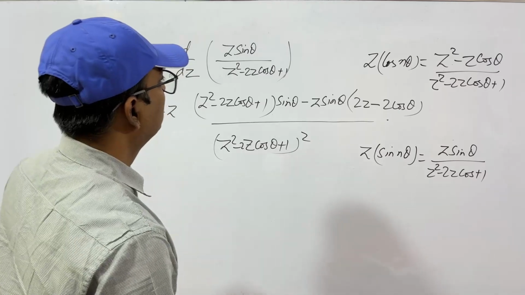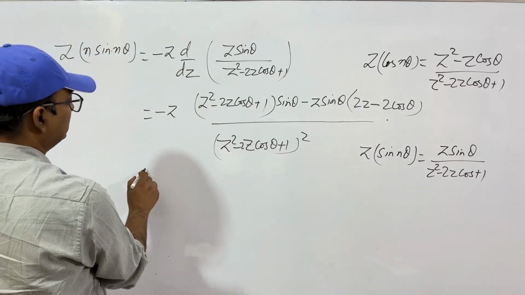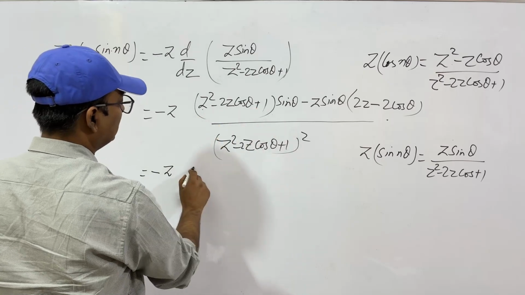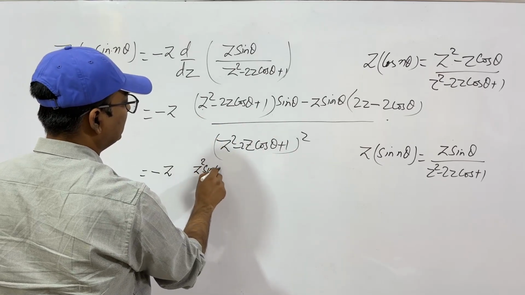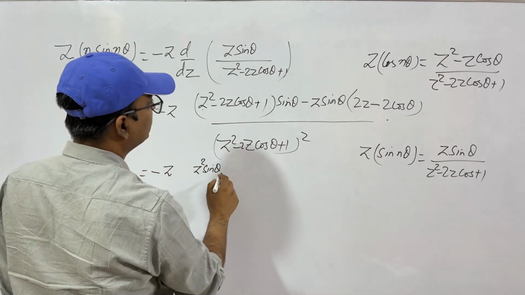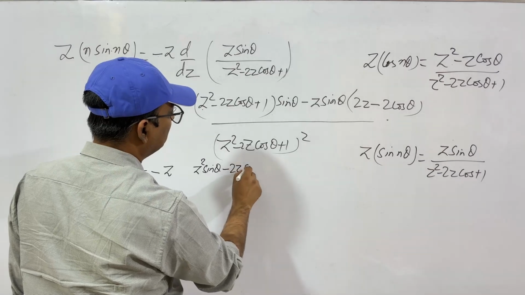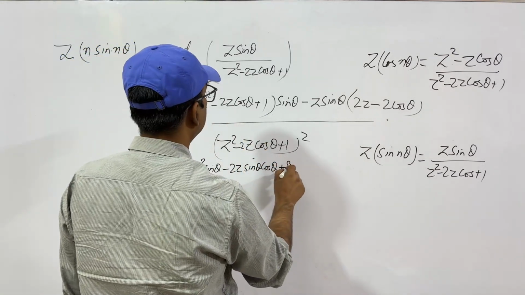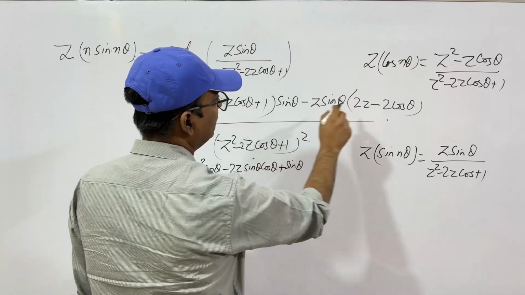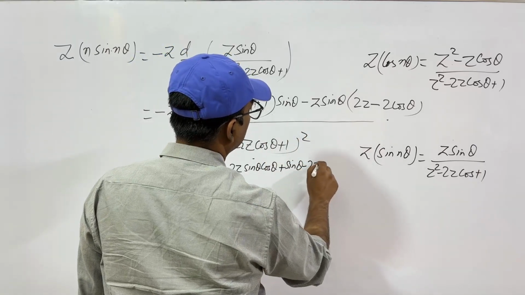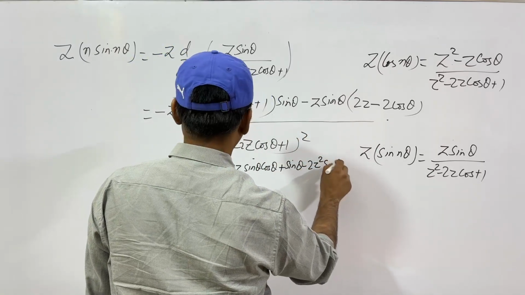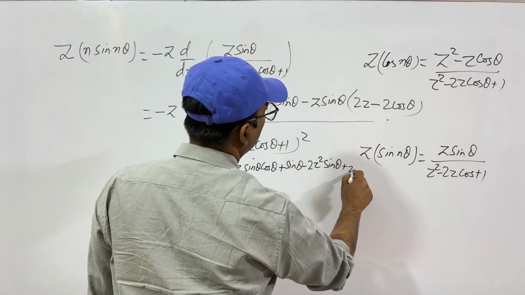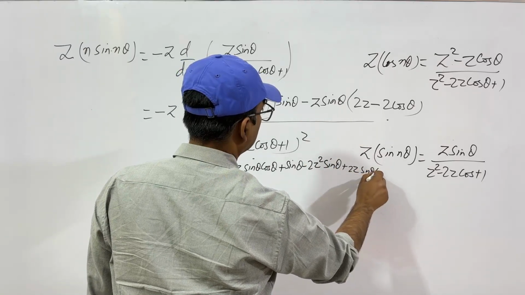Now let's multiply this. Minus z, this is z square sine theta, then minus 2z sine theta cos theta, then you have sine theta. Here you have minus 2z square sine theta, then plus 2z sine theta cos theta.